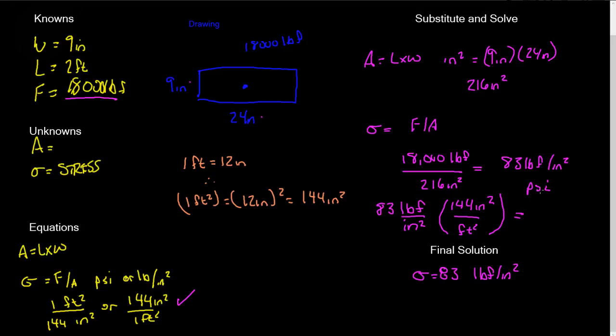I think they ask for it to the nearest 1,000, but we'll give the full answer here, and then I'll let you play with it if you'd like to. 144 times 83 ends up being 11,000. Let me undo that here real quick. Sorry about that. 11,952 pounds force per foot squared. And you may sometimes be called upon to put it into pounds force per square foot, but more commonly it is PSI. So that's the first problem.